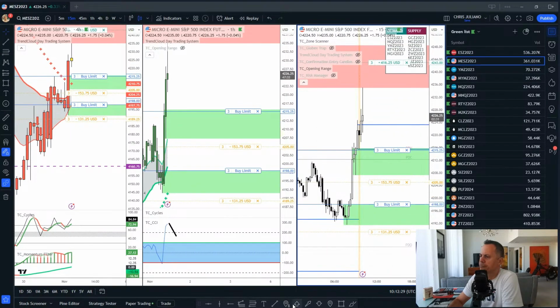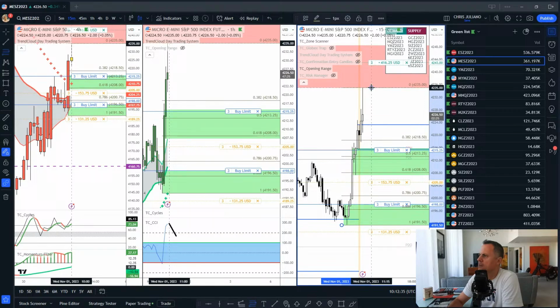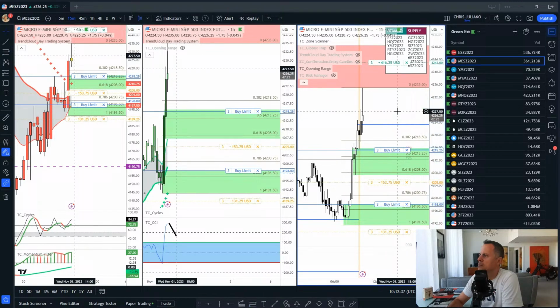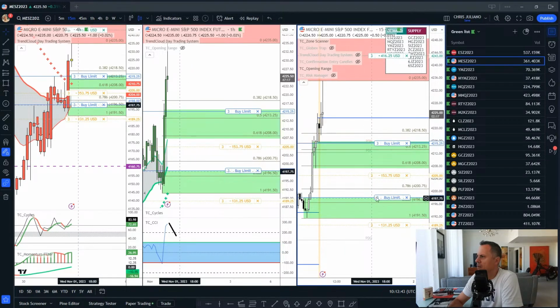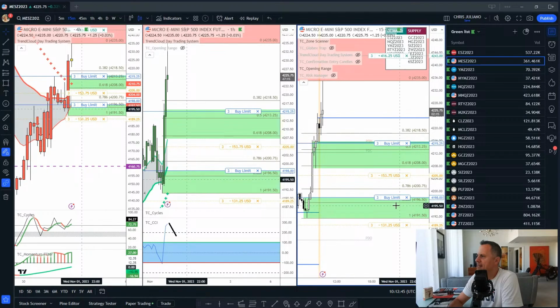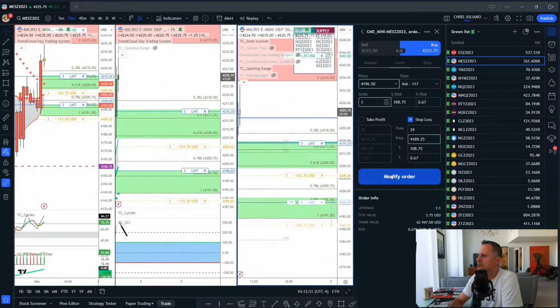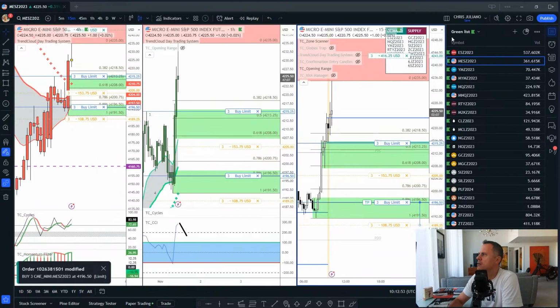Swing low to swing high. Okay, yep, same thing. We've got an 886 retracement level right there inside of our zone.